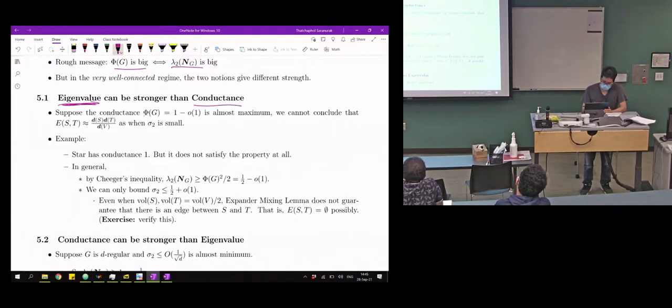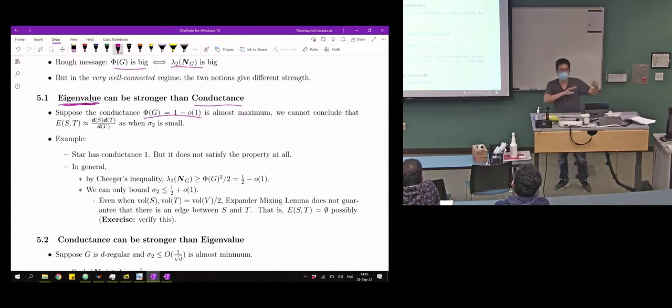So let's say that you even have very strong conductance. It's almost 1, almost maximum. I want to say that even this, you wouldn't have something that is guaranteed by small sigma 2. You wouldn't have what you have from the expander mixing lemma.